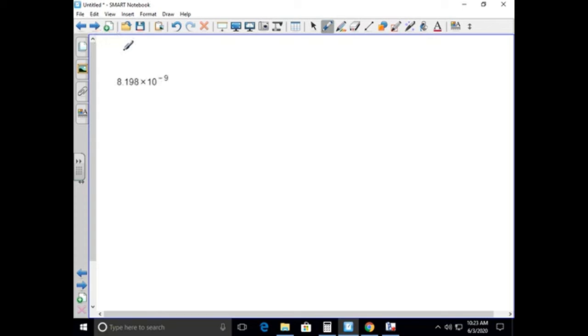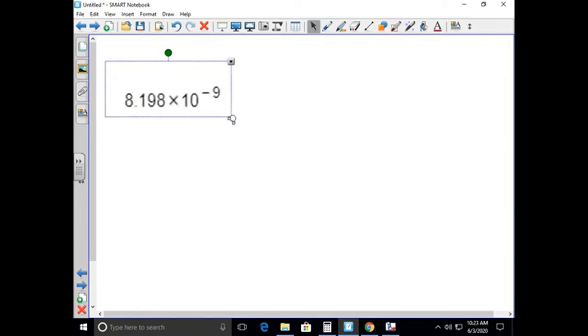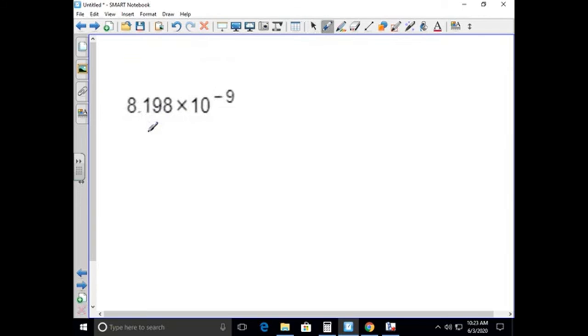If we have a number and we want to take it out of scientific notation, we use the same logic. We have a negative exponent, so this is going to be a tiny amount. So if we have 8.198 and we need to move the decimal 9 places and end up with a tiny number, we're not going to move it to the right, because if we move it to the right, that's going to be really, really big.